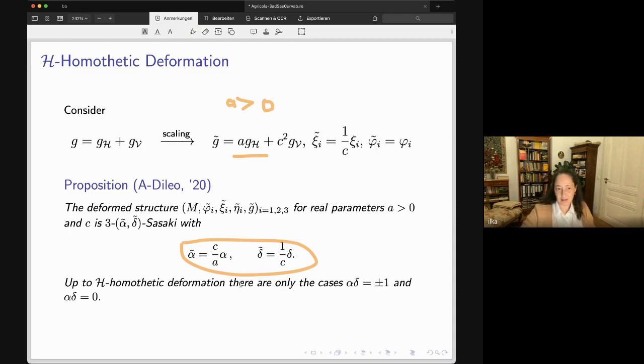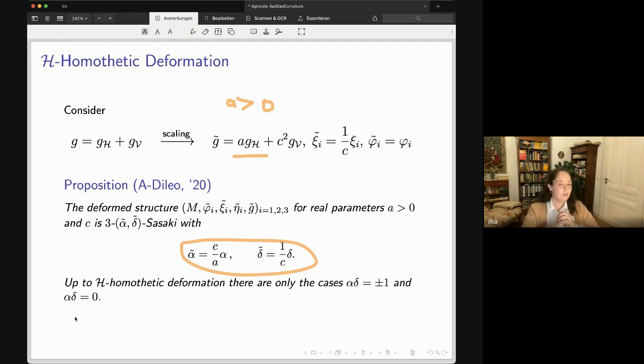And it means that if alpha times delta is positive, then you can always deform it by such a homothetic deformation into a three-Sasaki manifold. So the upshot is any three-Sasaki manifold is going to give you tons of examples for the positive case.